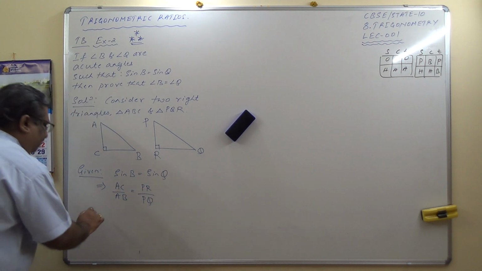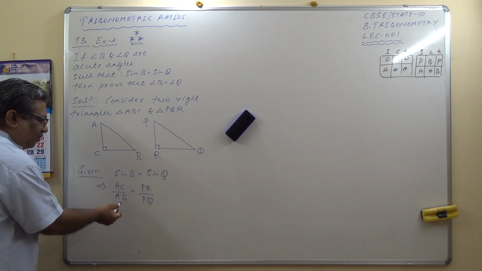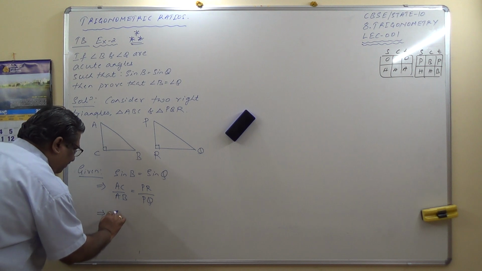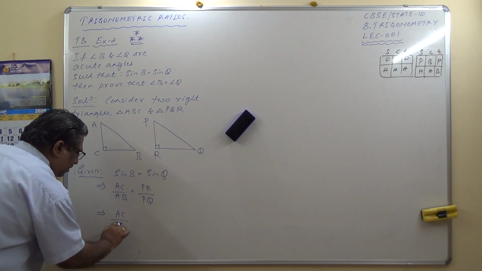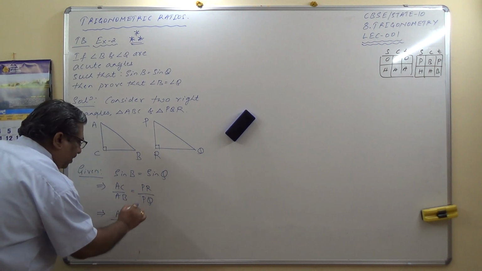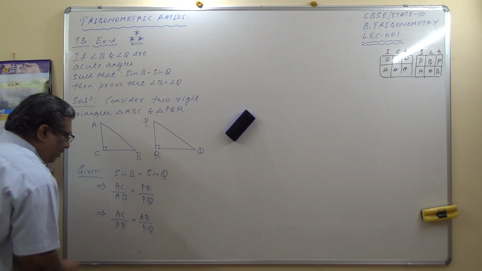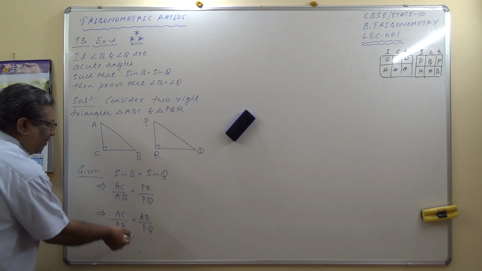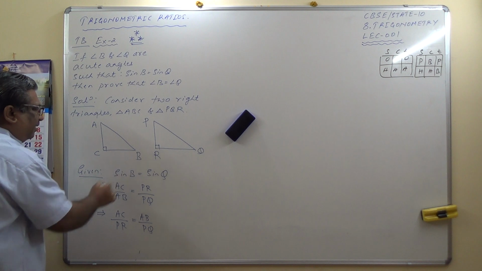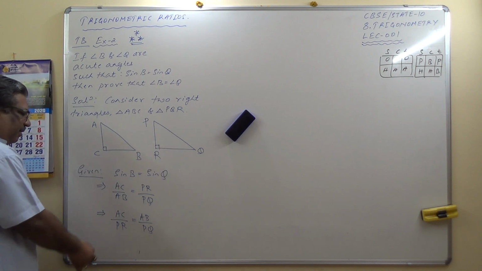Now I will interchange, AC by PR equals AB by PQ, in terms of cross multiplication.